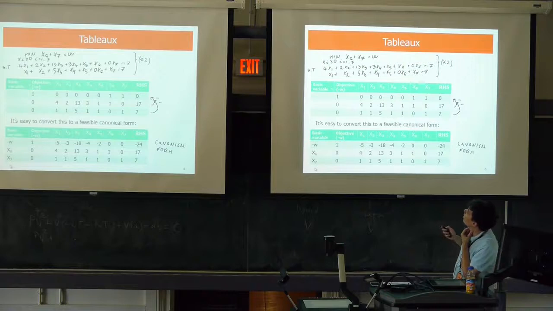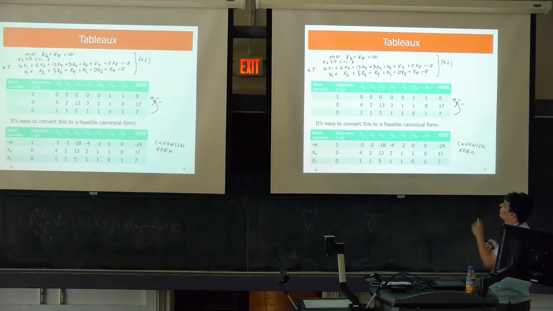So you can see that our goal is to minimize W, which is where minus W plus x6 plus x7 is 0. And here you can see that this is just the description of the first constraint, and this is the second constraint. So 4 times x1 plus 2 times x2 plus 13 times x3, and so on. That's 17. So we have this system.